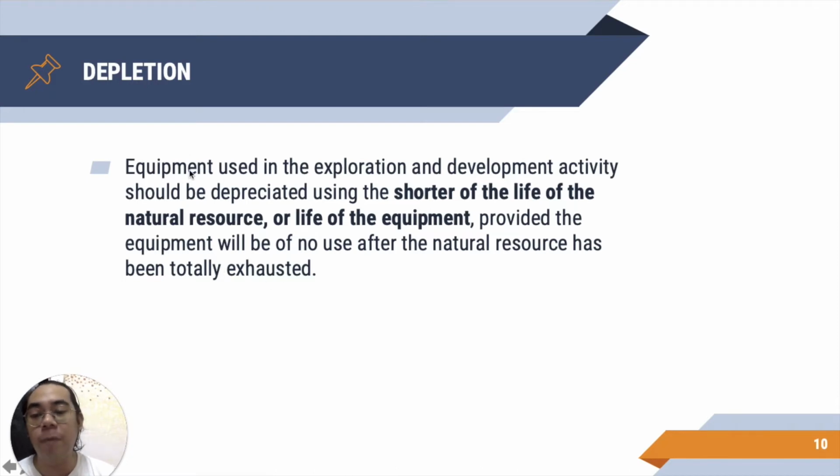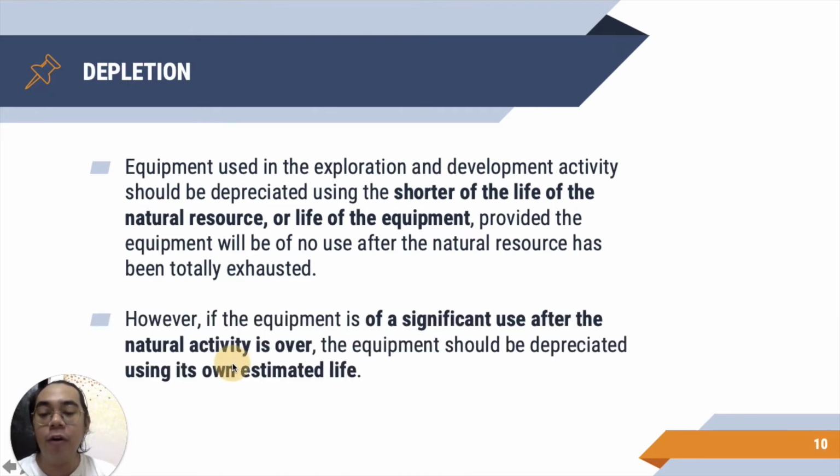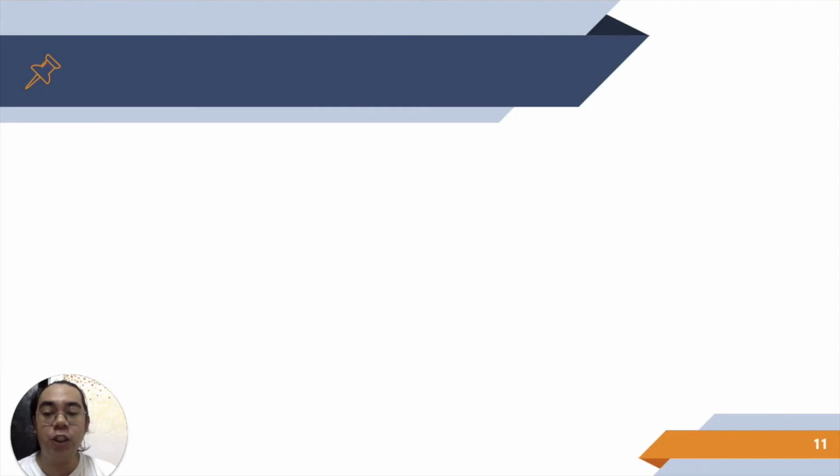So sa mga equipment naman, if wala na siyang gamit after the mining activity, then ang depreciation niya ay shorter ng life ng natural resource or yung kanyang sariling life. Pero, if meron pa siyang significant use after the mining activity is over, the equipment should be depreciated using its own estimated life. Okay. So how do we compute for depletion now?